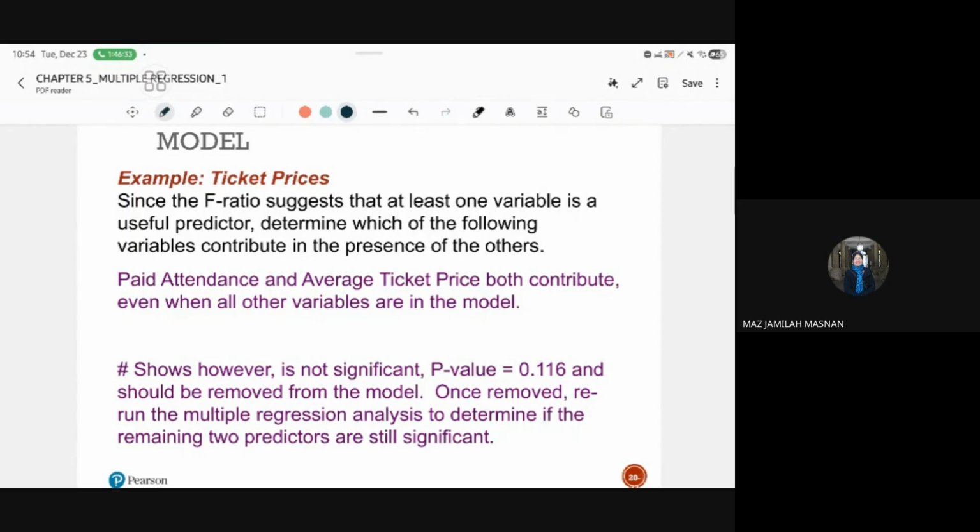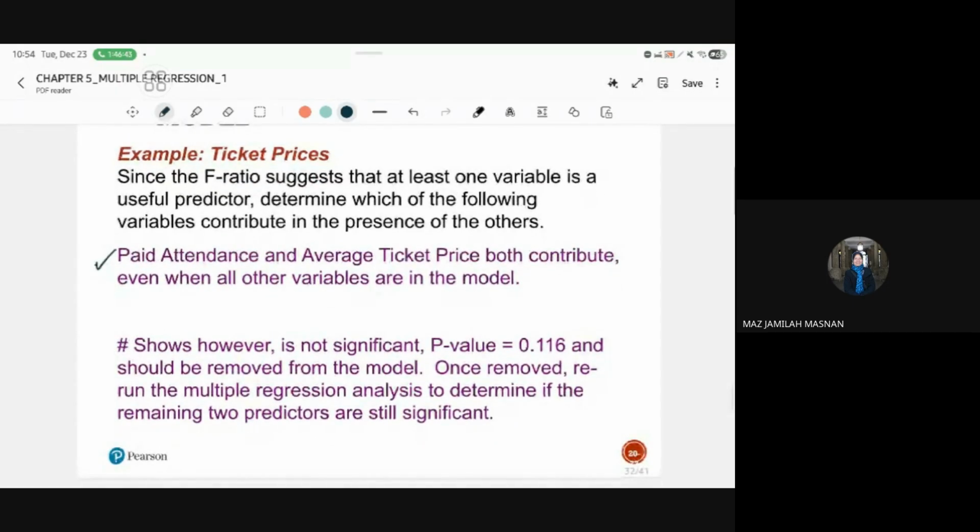So this is how we comment on the usefulness of this particular variable in the model. Number of shows, however, is not significant. The p-value is 0.116 and it should be removed from the model. Once removed, rerun the model to determine if the remaining two predictors are still significant.